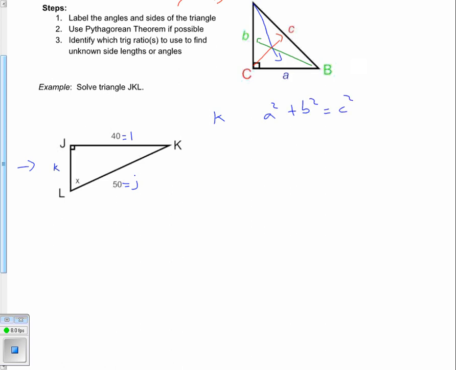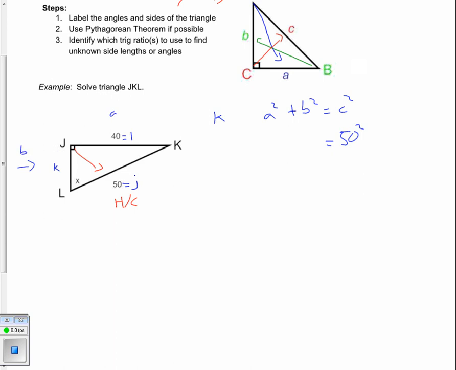Well in this instance, our c value is k because this is our hypotenuse. That's our hypotenuse. It could also be known as the c value.